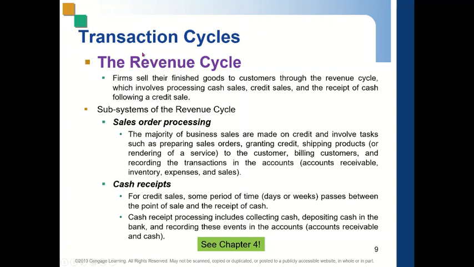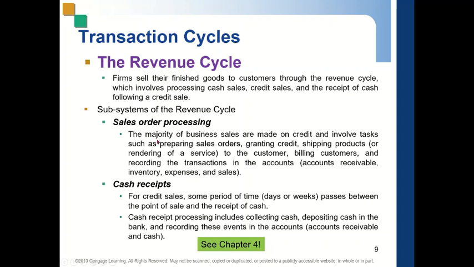So for instance, we will be processing cash sales where people come and pay cash for products, or credit sales, so all of that will be under the revenue cycle. And the subsystems here: sales order processing, where people perhaps give us purchase orders, and we generate sales orders based on that.